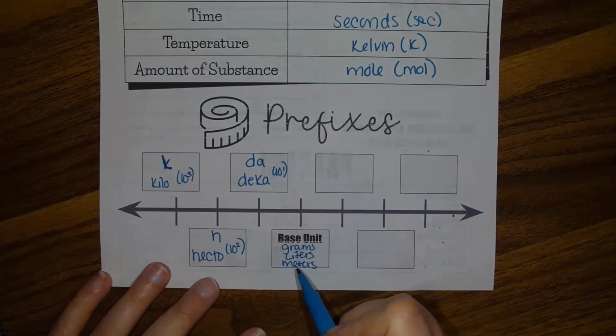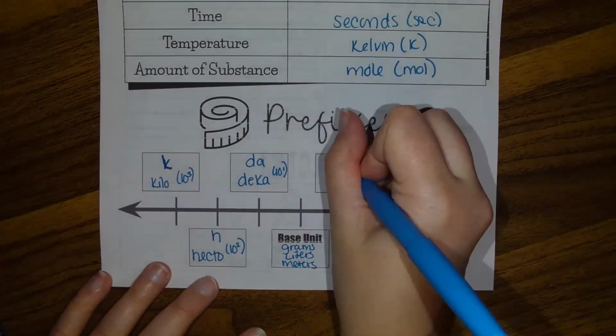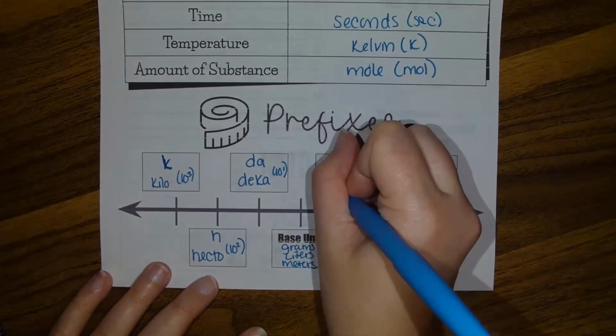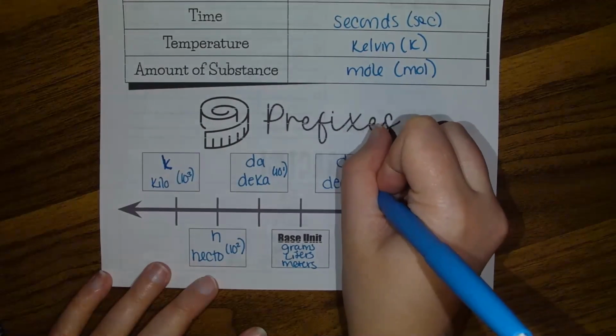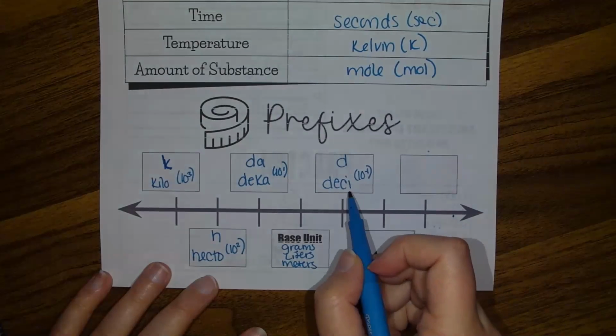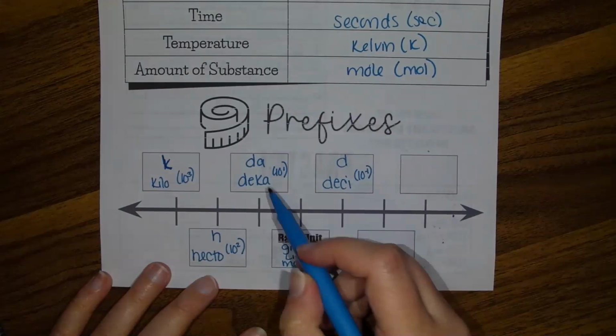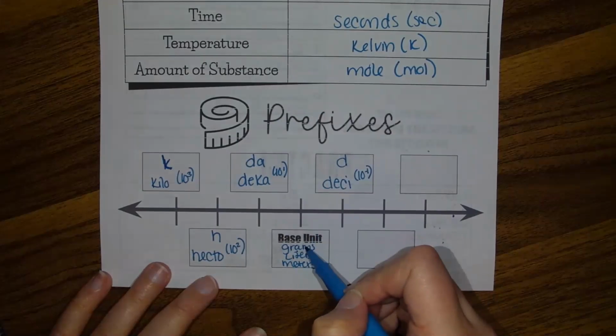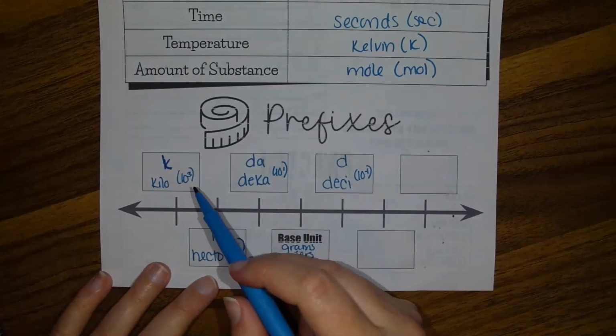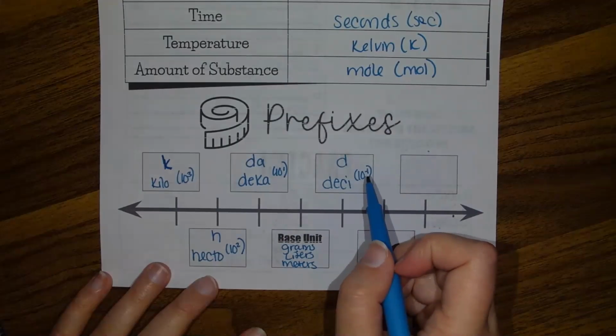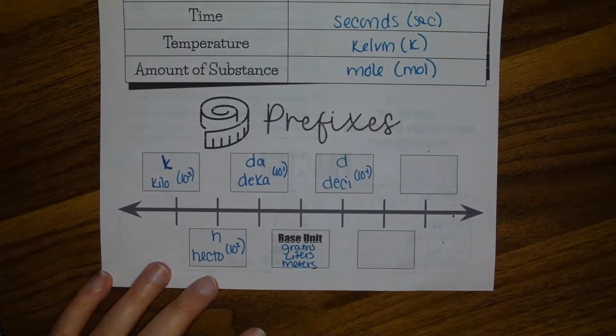Then we get to our base unit. The next one over is going to be a plain D, and that's deci, or 10 to the minus 1. Just like we said with 10 to the plus 1 we had 10 meters, now we're looking at meters as our unit, and we have 10 decimeters in a meter.